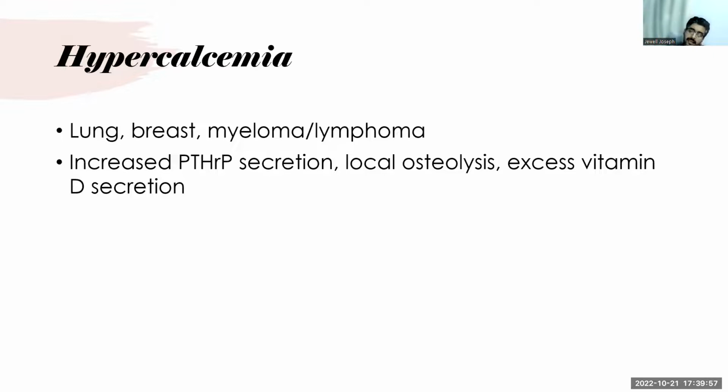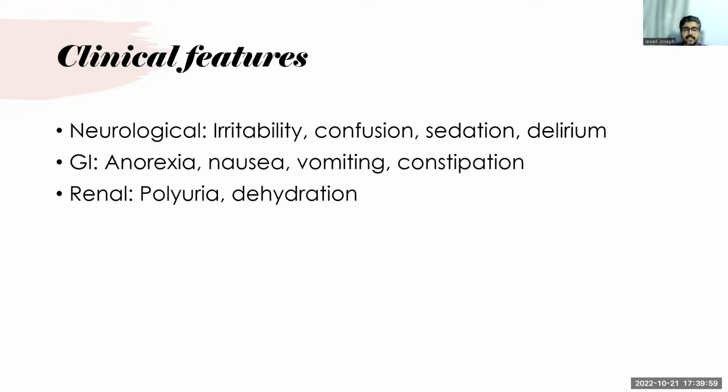The clinical features are neurological features like irritability, confusion, sedation, delirium, etc. GI features are anorexia, nausea, vomiting, constipation, and dehydration. This dehydration, vomiting, and constipation, with some delirium, can point to hypercalcemia. So these are the various symptoms of hypercalcemia.